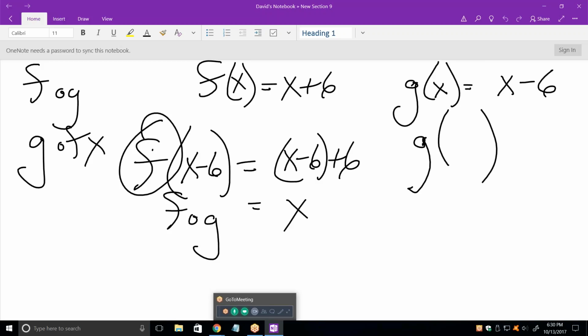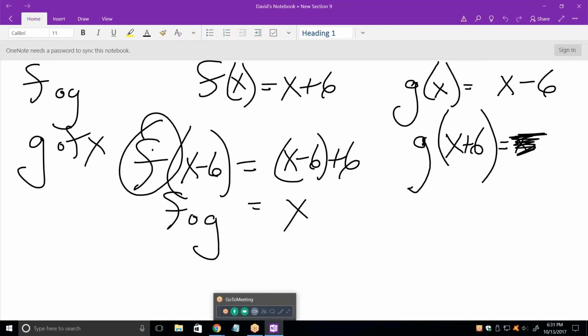It would be x plus 6. And what's that equal to? And then it would be x because it's the inverse, like you said. Hold on. No, I want you to do the math. What is g of x plus 6? We don't know it's the inverse yet.